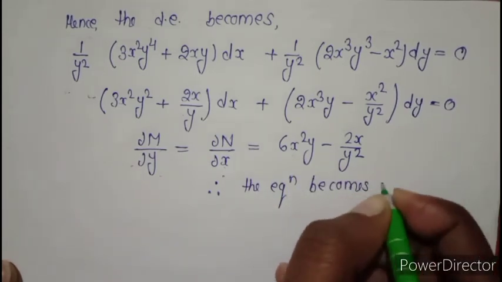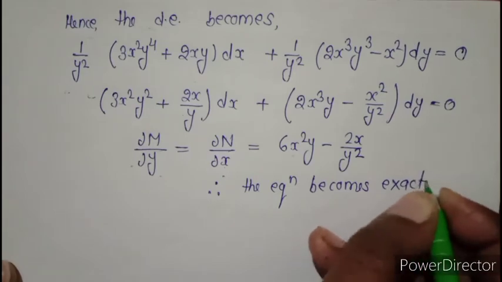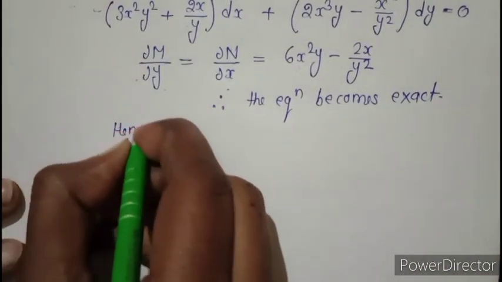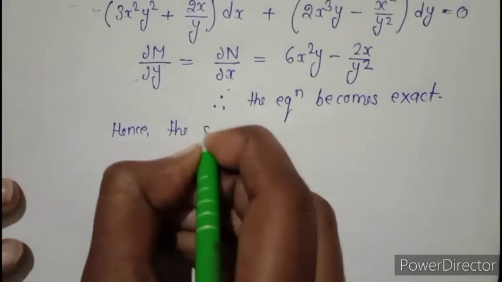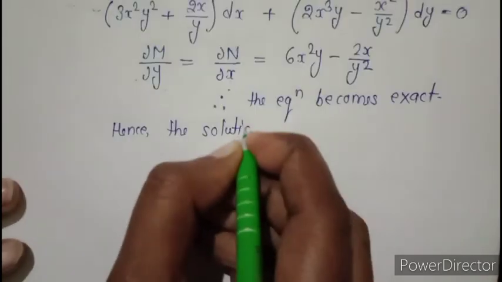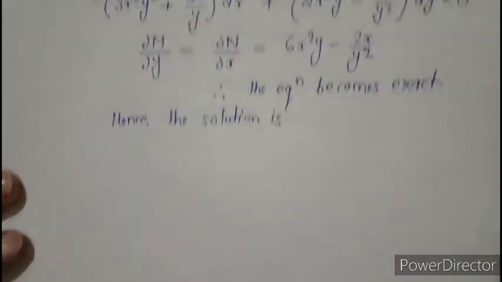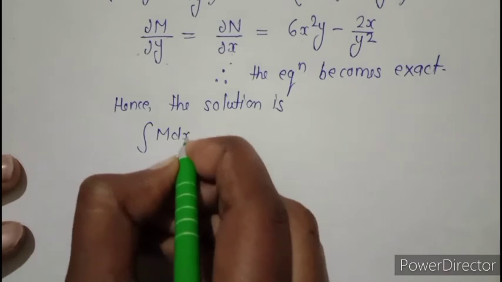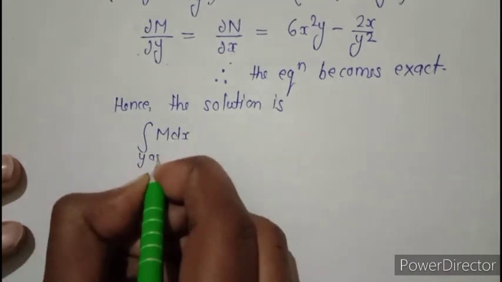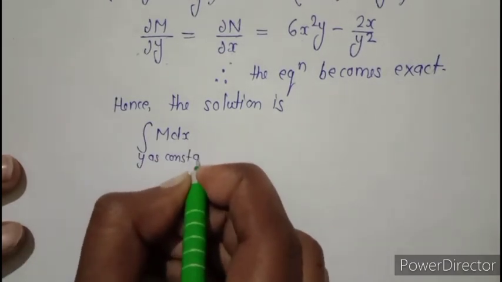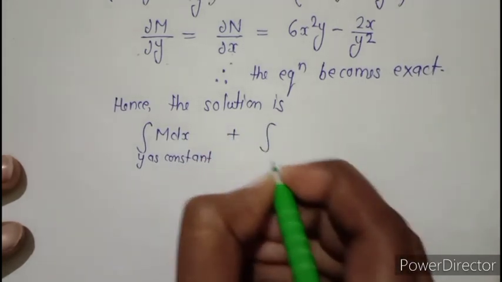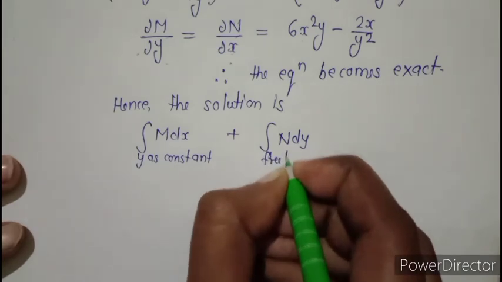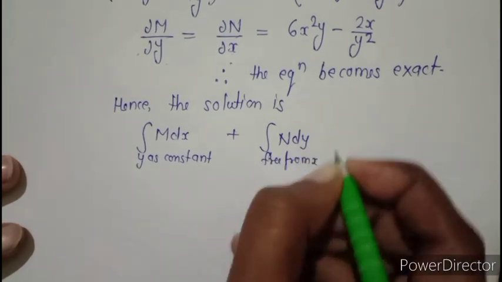So we can write the solution for this equation. Hence the solution is: what is the formula of solution? Integral of M dx, where we take y as constant, plus integral of N dy, where N should be free from x, is equal to integrating constant c.